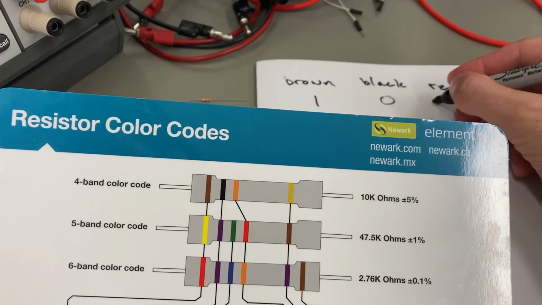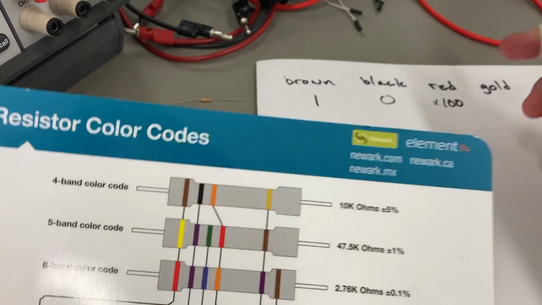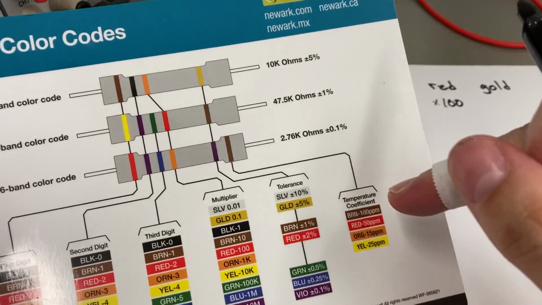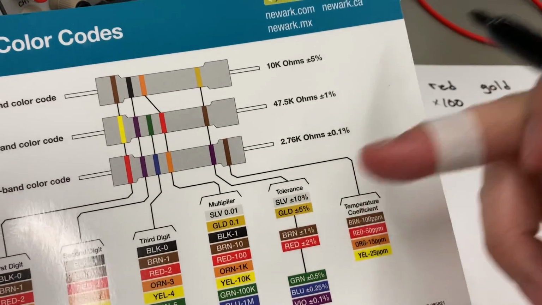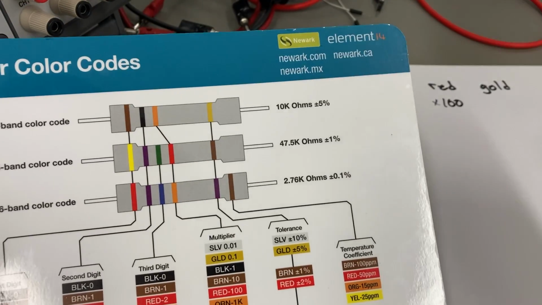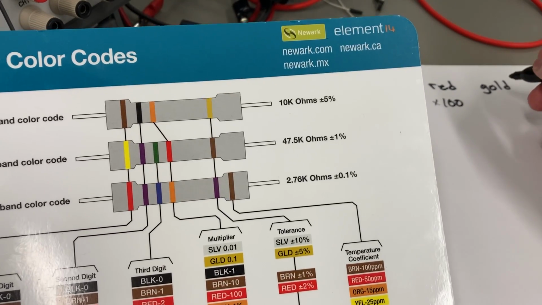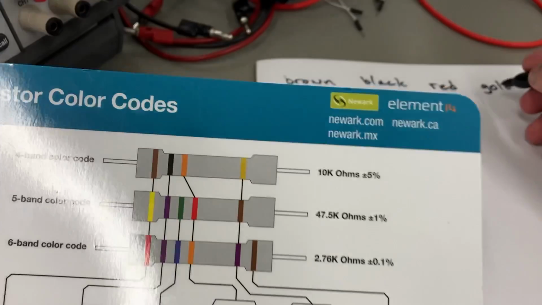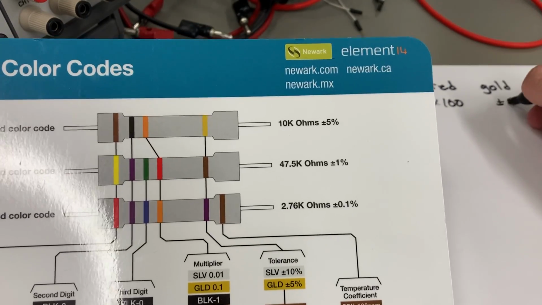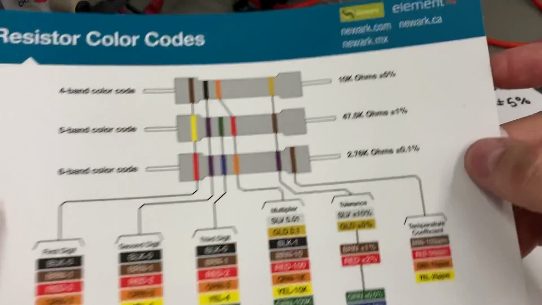And so red is 100, so we're going to say times 100. I'm writing that down. And then gold, it's almost always going to be gold unless you're working with a different type of resistor, maybe a 5-band resistor. It's going to be plus or minus 5%. That's the tolerance. We'll talk about that later.